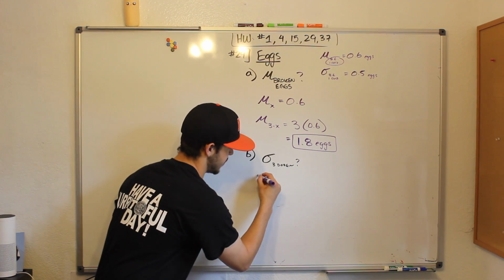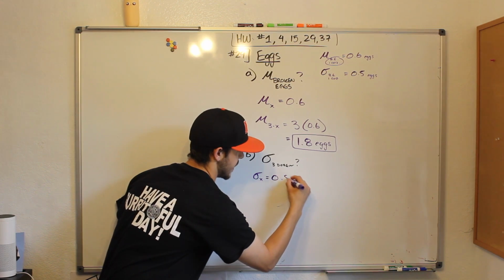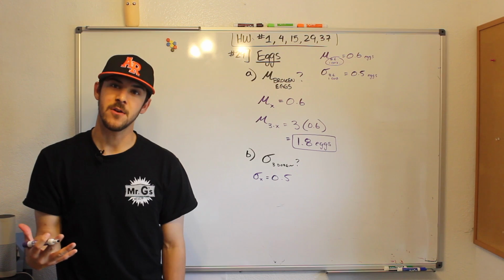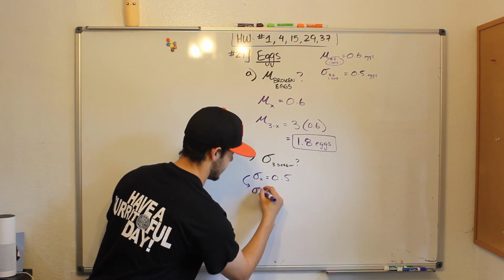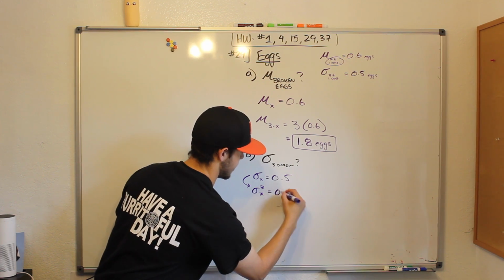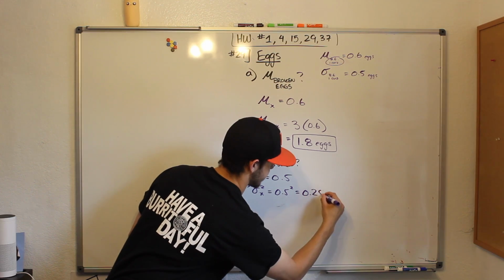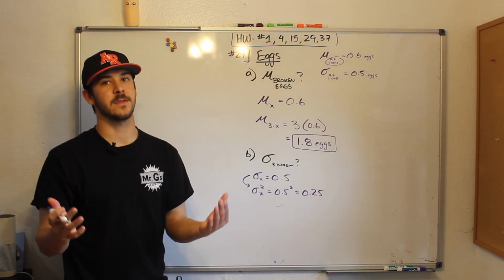The first thing we need to do is start off with the standard deviation of x, which is 0.5 eggs. From there, we need to convert that to the variance of the 1 dozen eggs. When we're in the variance, we can do a lot of different things.